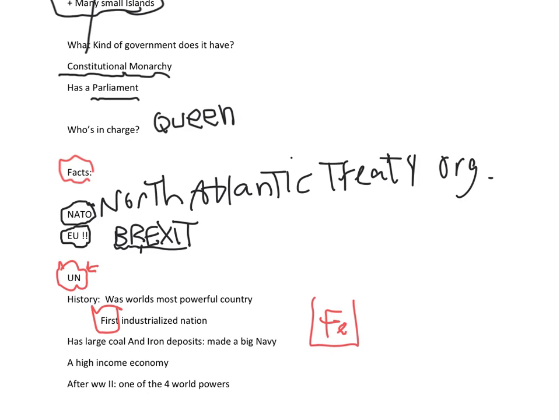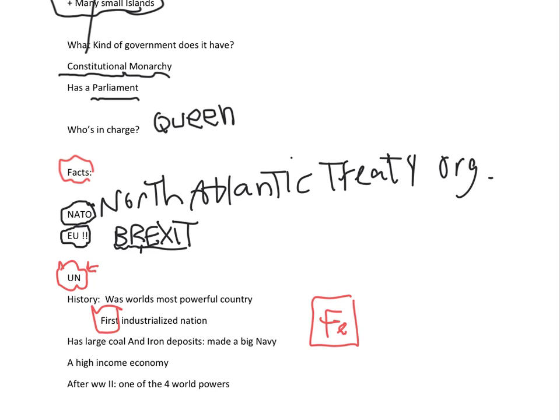Coal and iron. And so if it had all that iron and coal, it could make big ships. So it had the world's most powerful navy. And so the British Empire spanned most of the world. It was called the Empire on which the sun never sets.